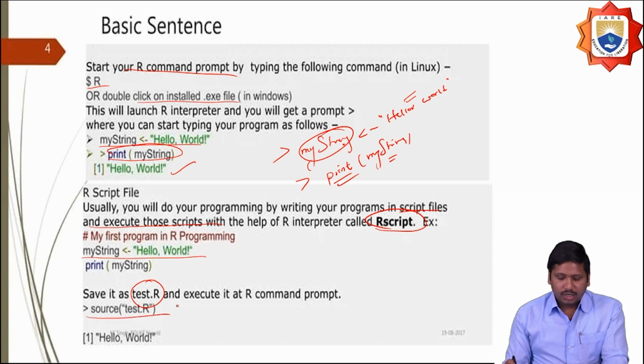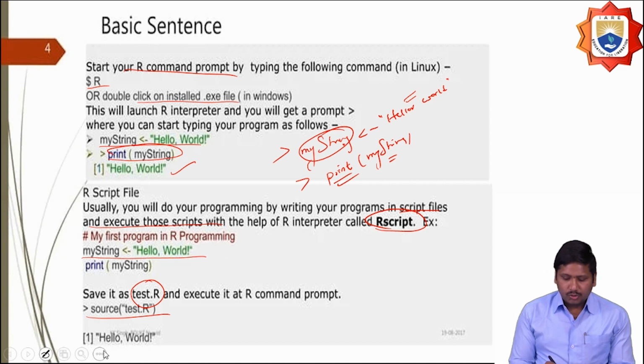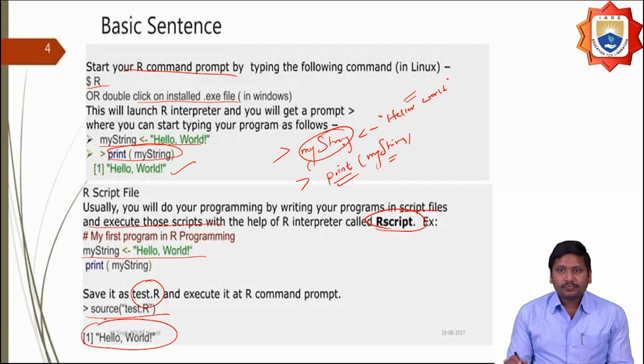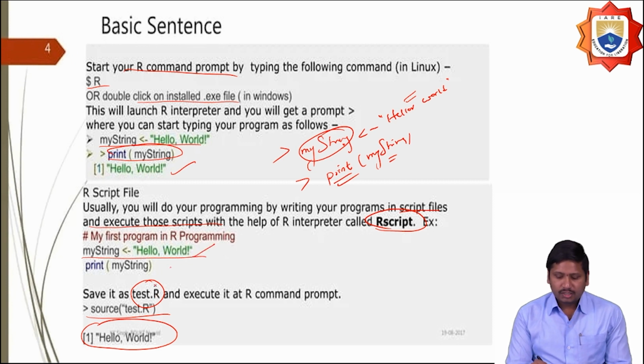For that, we type source of test.r, so that the output is displayed here. So this is the string one can use. In my first program, I define my string, print the string, and save it as test.r. If I run it with source, the output is obtained easily.